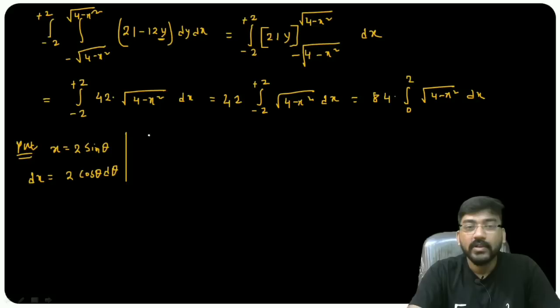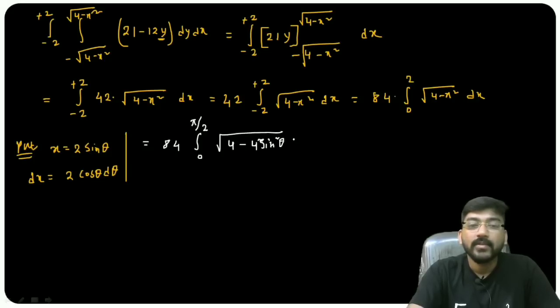So now your integration will be 84 into the integration from 0 to pi by 2, and root over 4 minus x square means root over 4 cos square theta, into dx means 2 cos theta d theta.